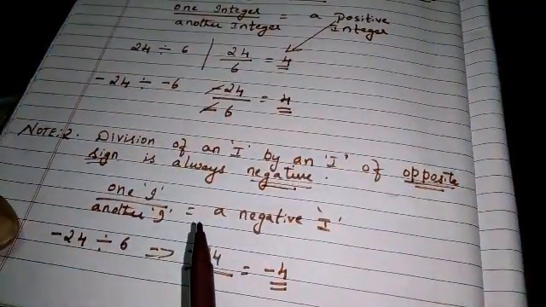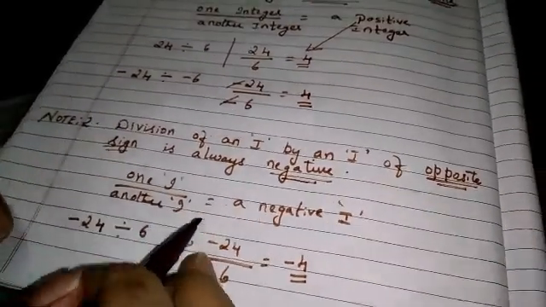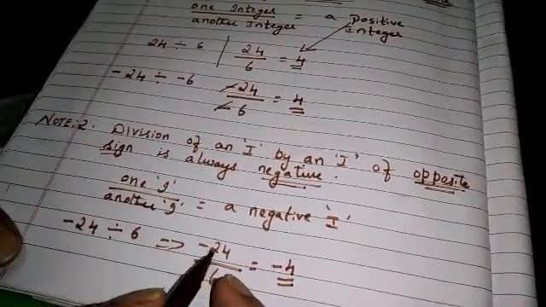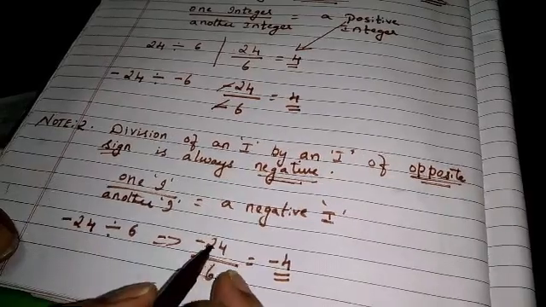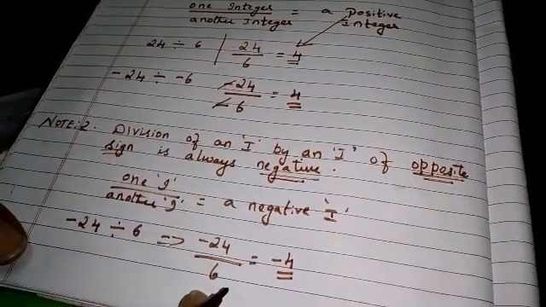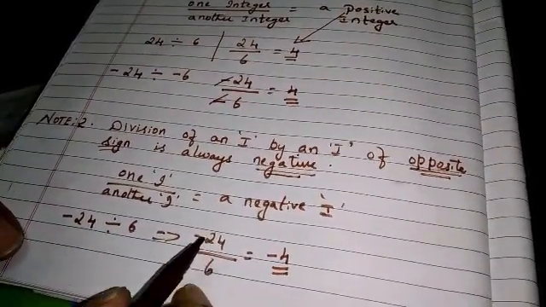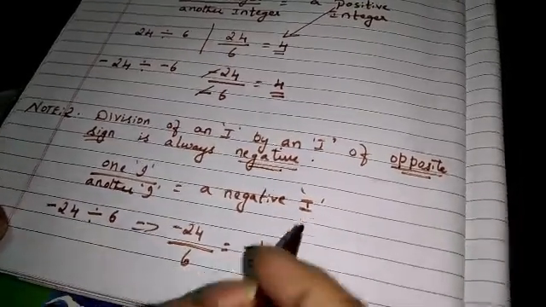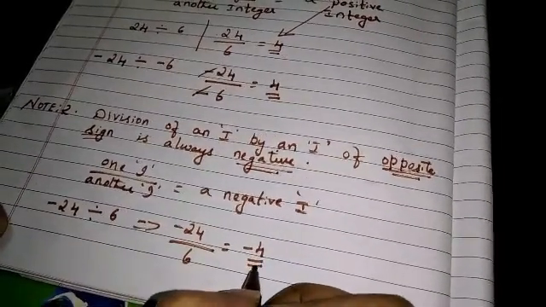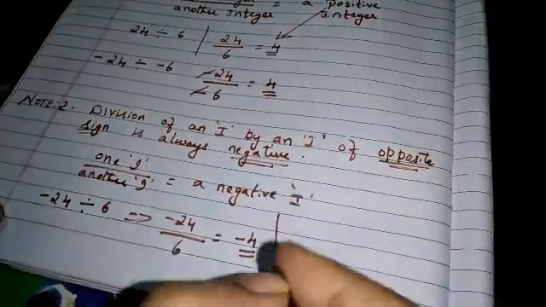Coming to the note number 2, if either the numerator or the denominator has a negative sign, what we get is a negative answer.